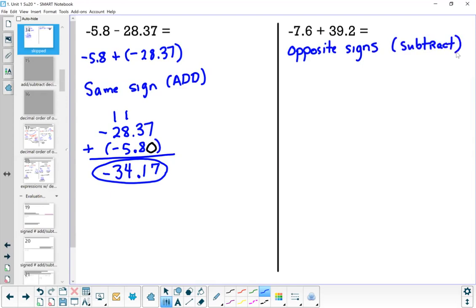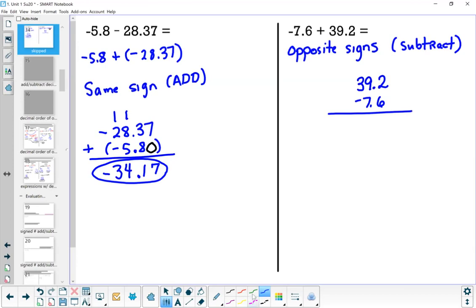Okay, so I'm going to write the bigger number first, 39.2. And then negative 7.6 second. Notice how I lined up by place value. So now I'm going to subtract 2 minus 6.